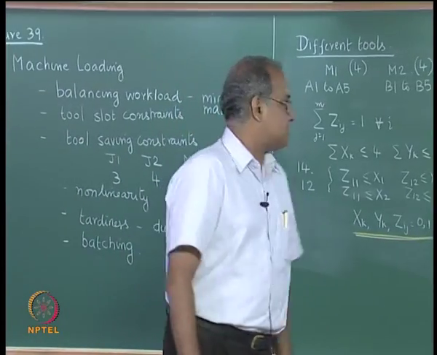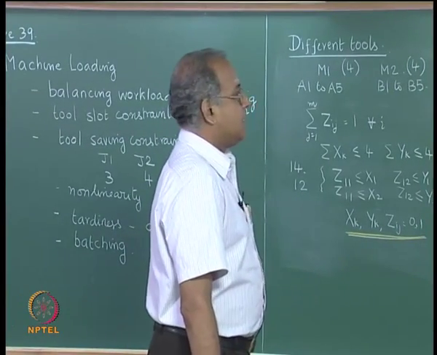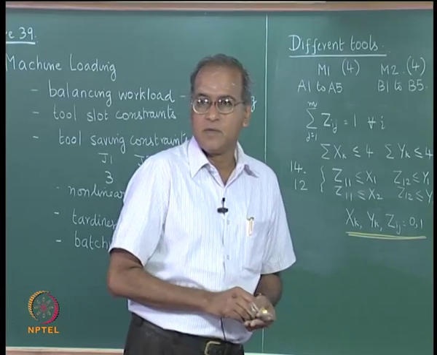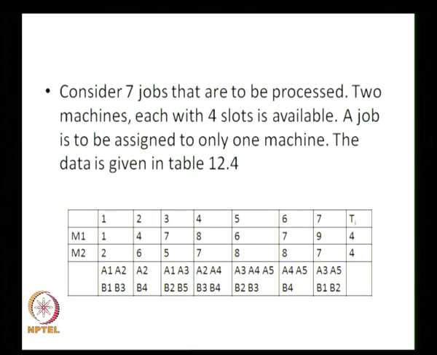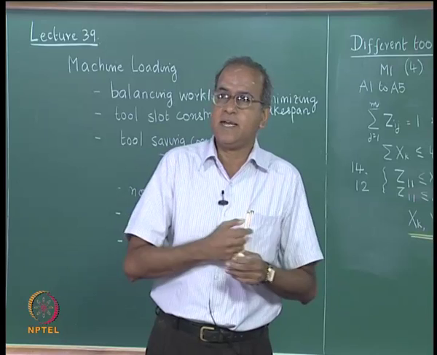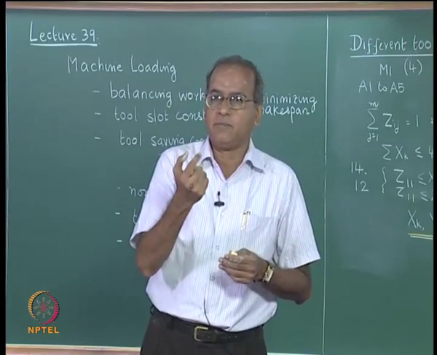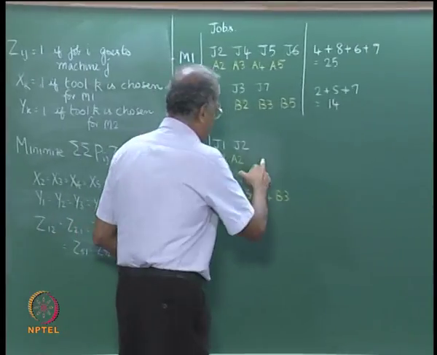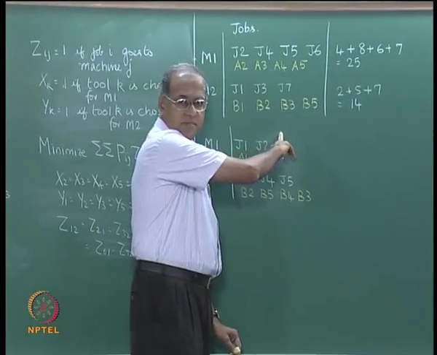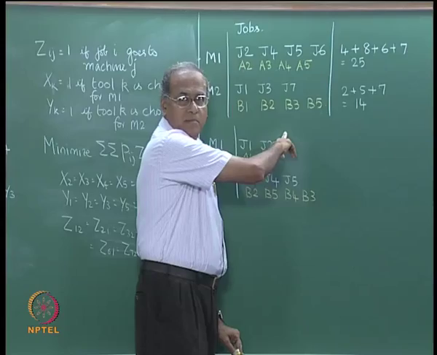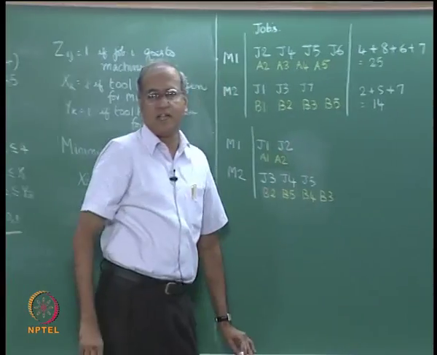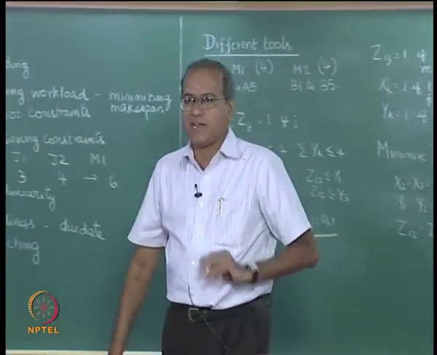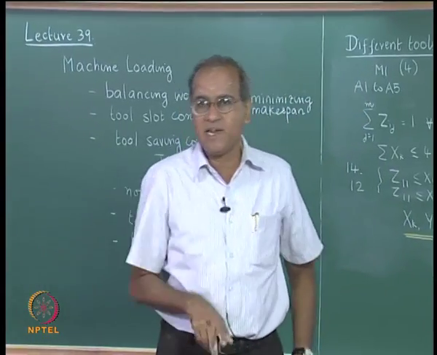Now, J6 requires B4, but based on minimum processing time J6 has to go to M1. So, now we have a conflict because J6 requires A4 and A5. So, we have enough slot to give A4 and A5 here and put J6 on the minimum load machine, but we know that if we do that we cannot accommodate J7. So, we have to accommodate J7.